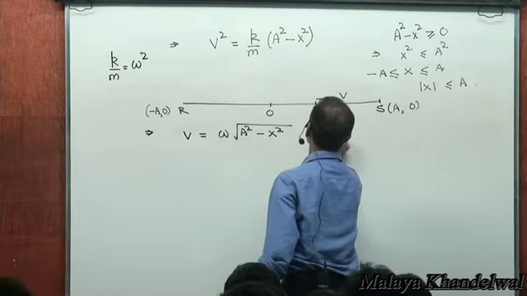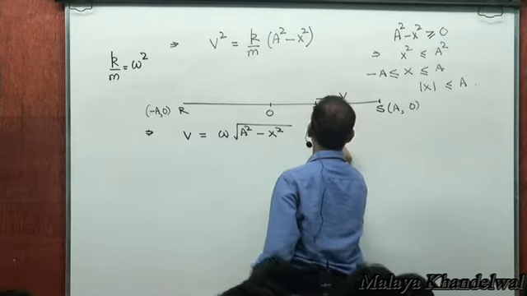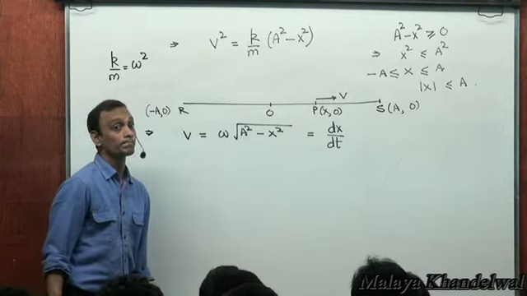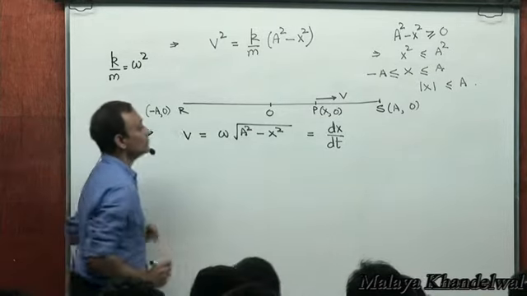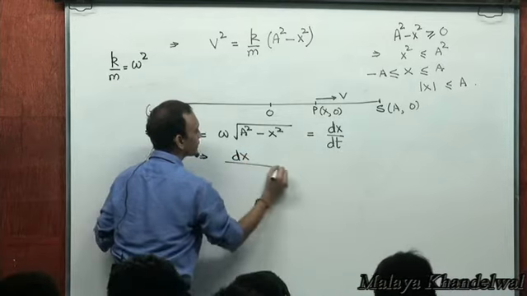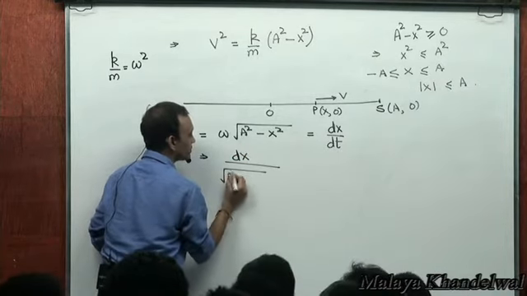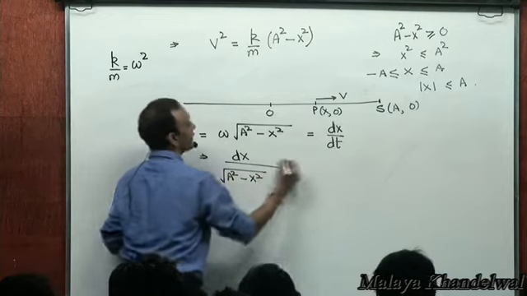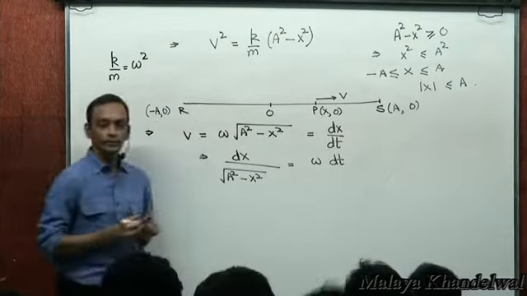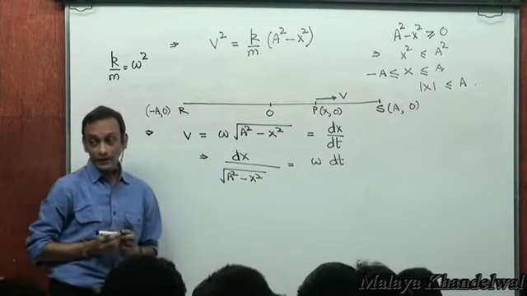So this is going to be dx dt. This I could have further written as dx by root A squared minus x squared equals omega dt.